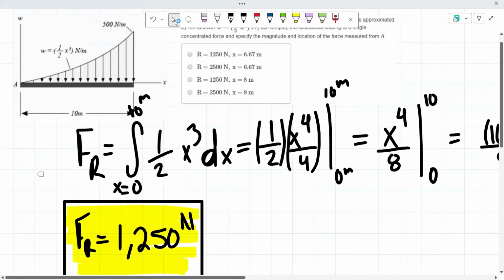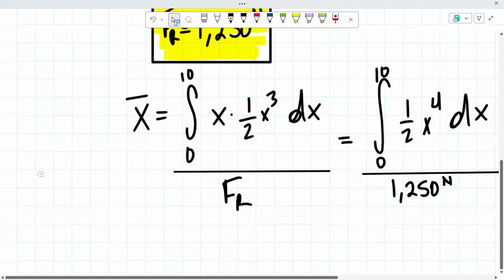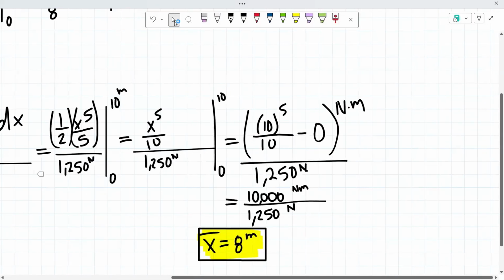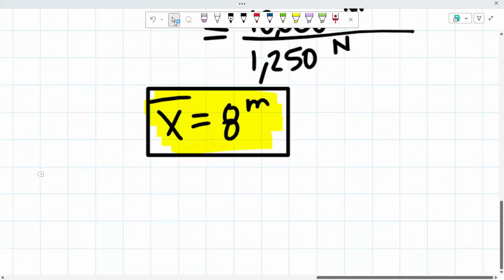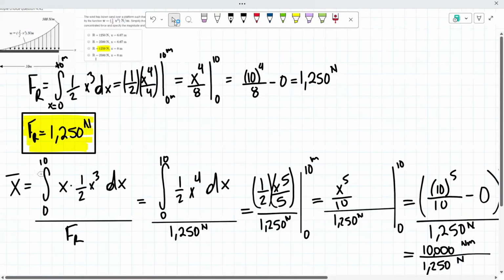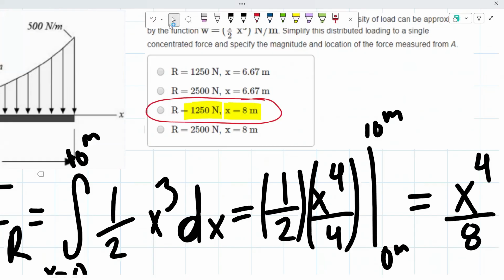As you can see, we have 1,250 newtons, and then to find the location, we use this equation, giving us a location of exactly 8 meters from point A. And as you can see, we also got that 8 meters. So the answer would be this option.